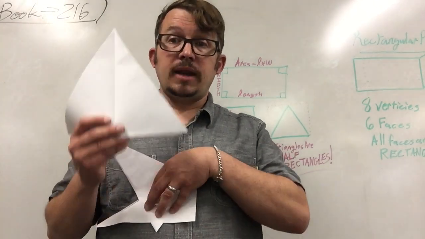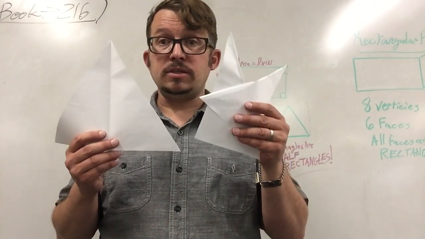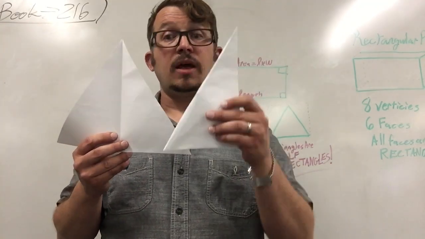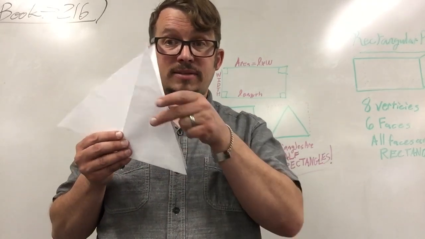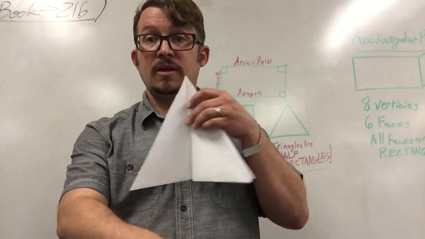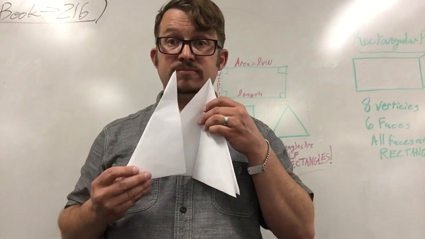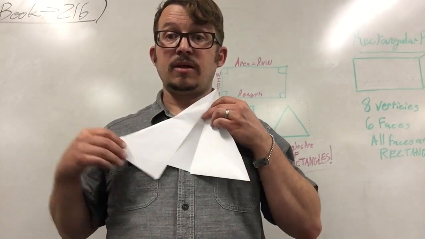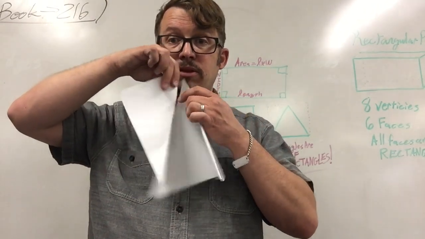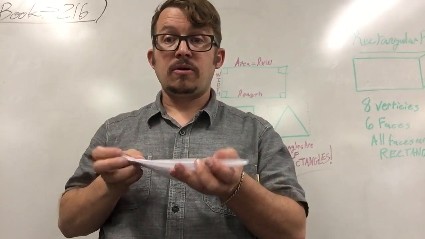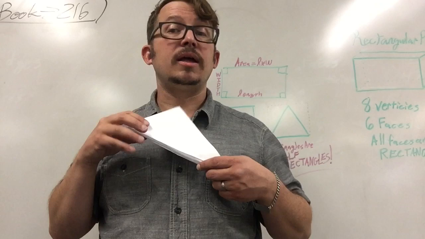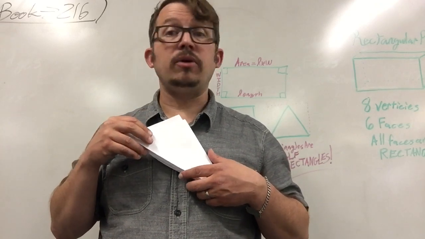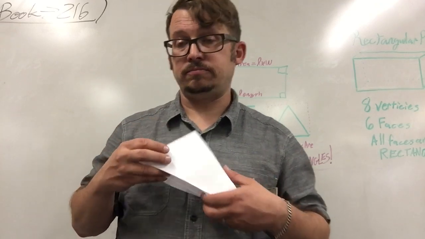Lovely. Now, the other 2 pieces, well, glad you asked. Look, this side is equal to that side, and this side equal to this side. It was up here, but basically, it's 4 identical triangles. The isosceles triangle is half a rectangle.